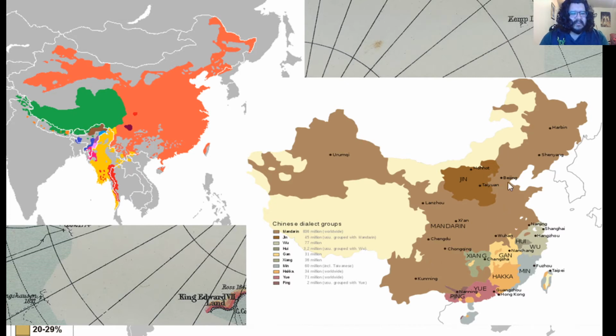But we can see that a large proportion of Chinese languages spoken are spoken by people who speak Mandarin Chinese. All right, that's the overarching group, and we can see here about 836 million worldwide speaking Mandarin Chinese, compared to 45 million, 77 million, et cetera. We just have larger groups of people speaking Mandarin Chinese.